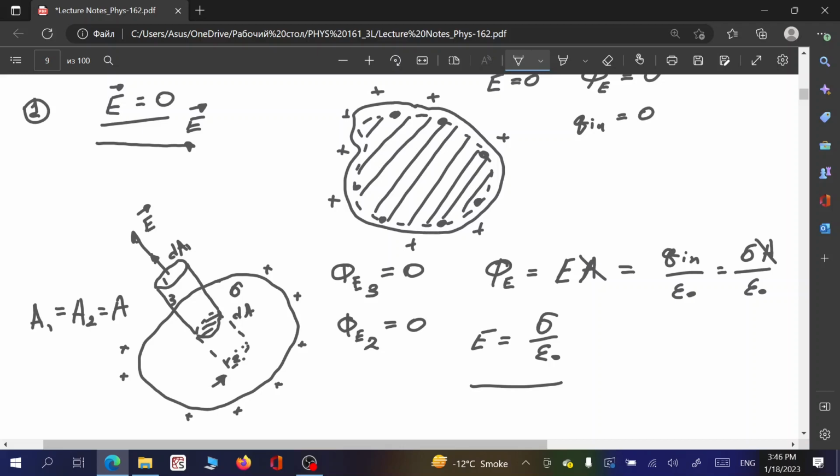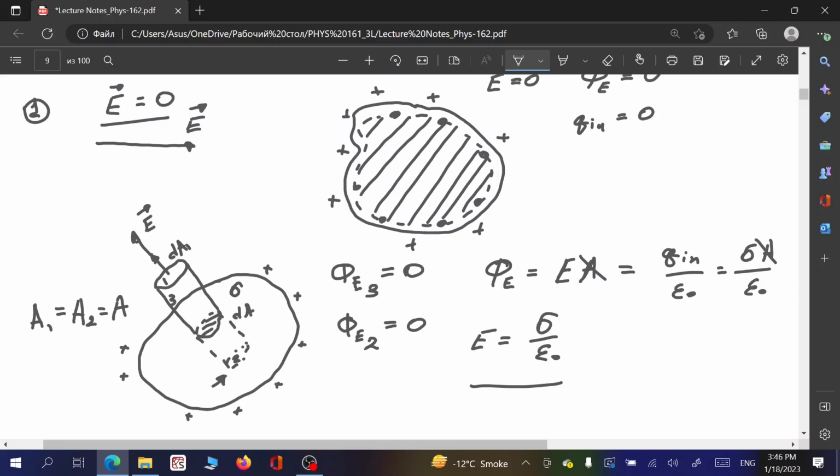So the third surface, because of orientation. You see that here the dA vector is parallel to the E vector, and for the third element of the closed surface, this dA3 vector will be perpendicular, and then we deal with the dot product.